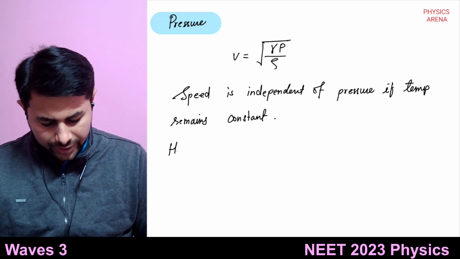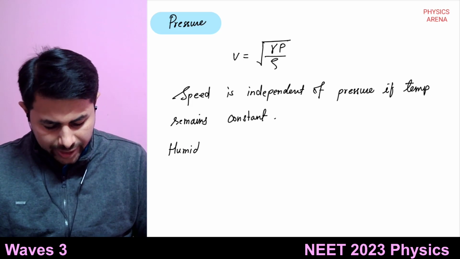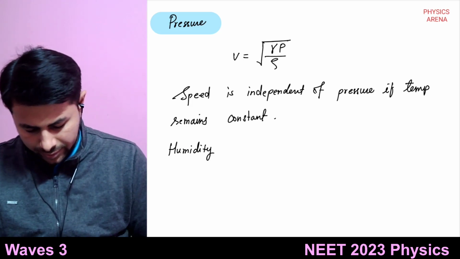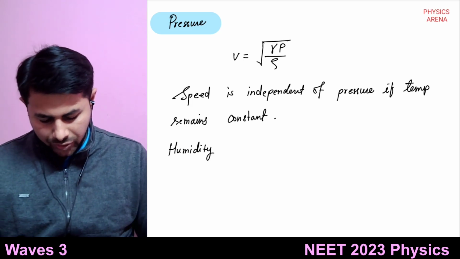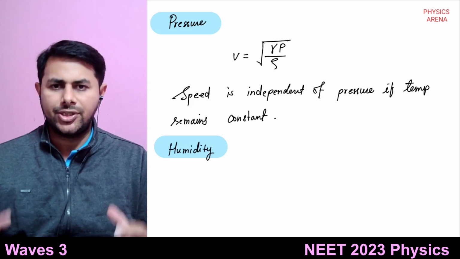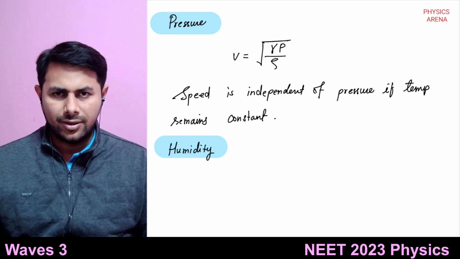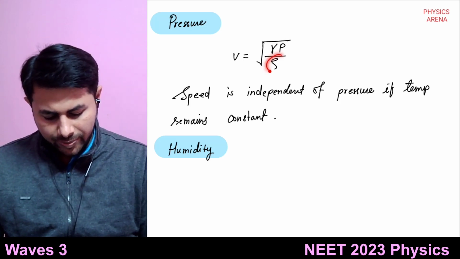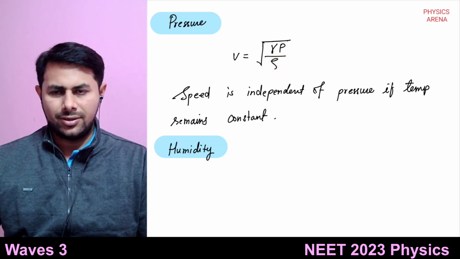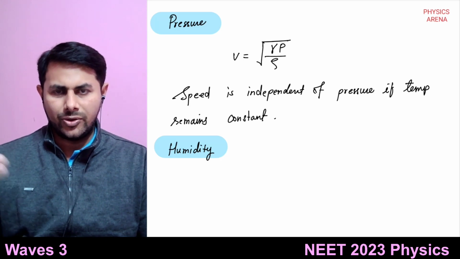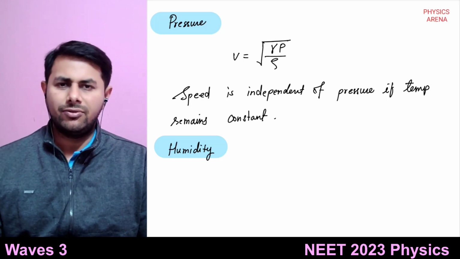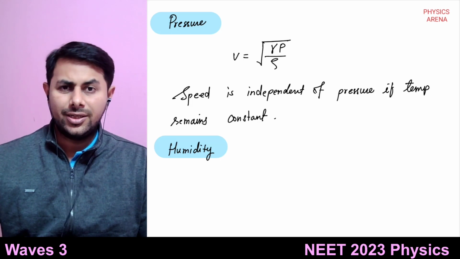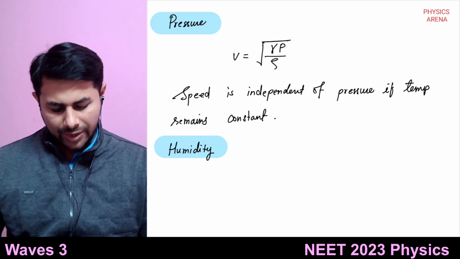Then there is one more thing, humidity. What is humidity? It's the amount of moisture present in the air. So if there is more moisture, what will happen? The density of air will decrease. If humidity increases, the density will decrease. And if the density decreases, then what will happen?